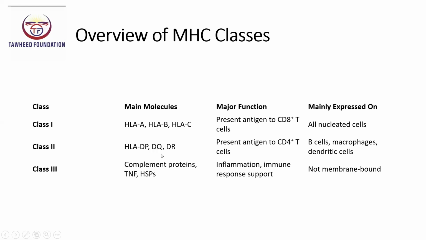Class 2, HLA-DP, DQ, DR, present exogenous antigens to CD4 plus helper T cells and are expressed on B cells, macrophages, and dendritic cells. Class 3 encodes soluble proteins such as complement components, TNFs, and heat shock proteins, which support immune and inflammatory responses but are not membrane bound. Thus, class 1 and class 2 are central to antigen presentation, while class 3 provides immune system support.